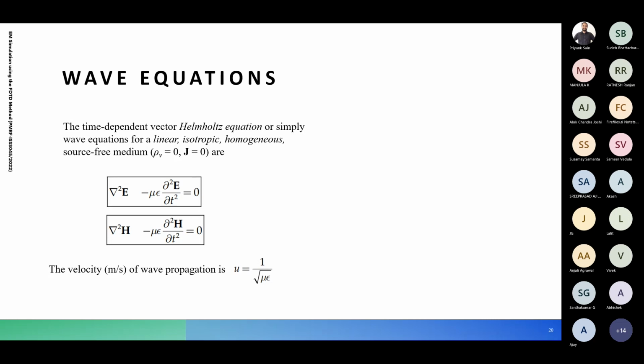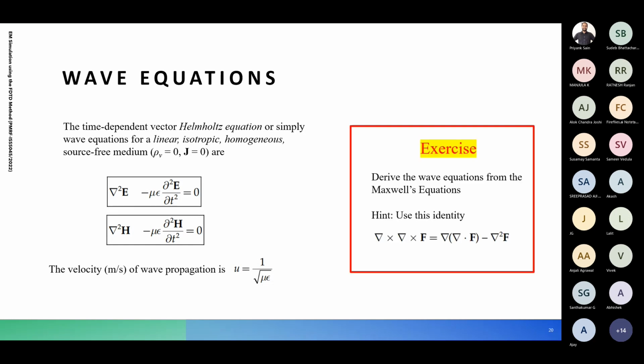Now, if the medium properties change, then mu and epsilon will change, and accordingly the equations get modified. And if there is a source, the right hand side won't be equal to 0. So for a simple source free medium, we have this set of Helmholtz equations, known as the wave equations.